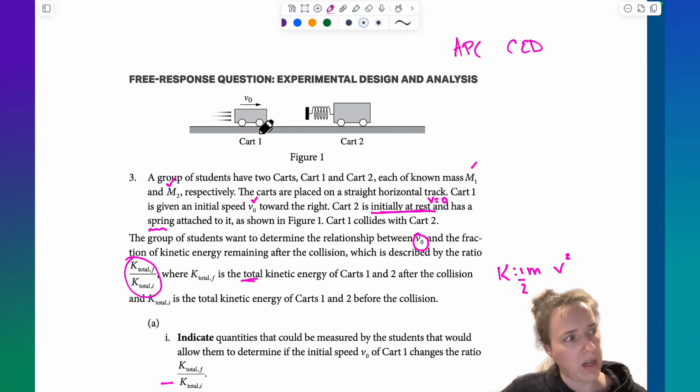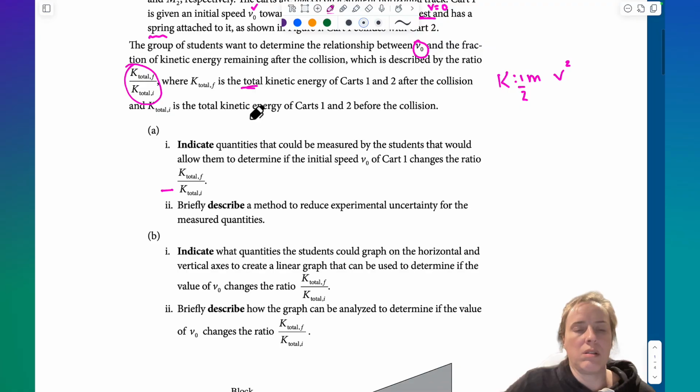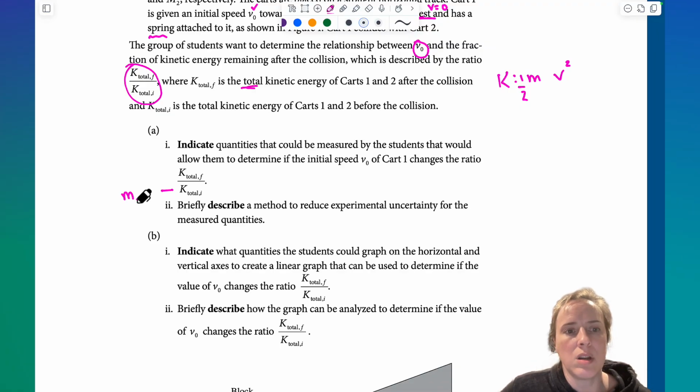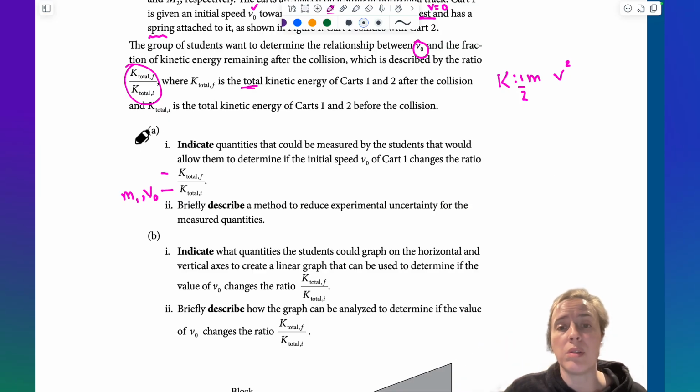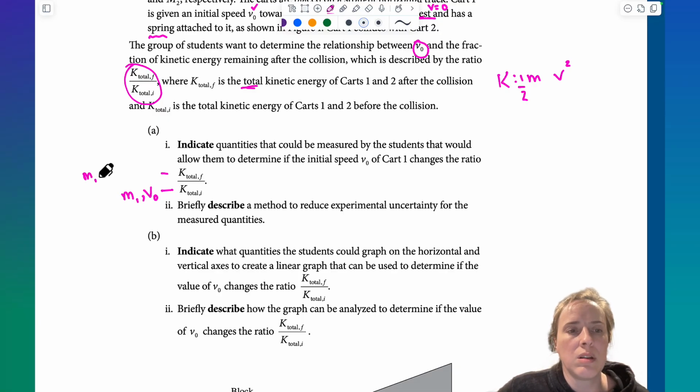So this first guy, that's going to depend on mass of cart number 1 and that initial velocity, v0. Energy final is going to depend on both of them, because now both of them are moving. So that's going to depend on mass number 1, velocity 1 final, mass number 2, and velocity 2 final.